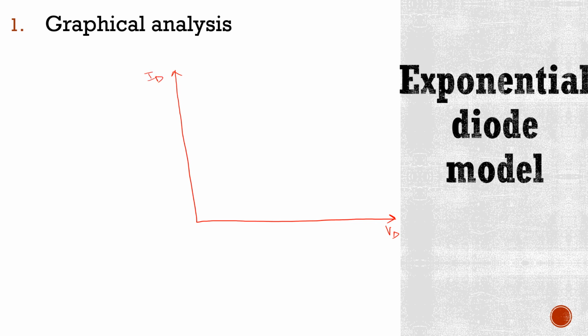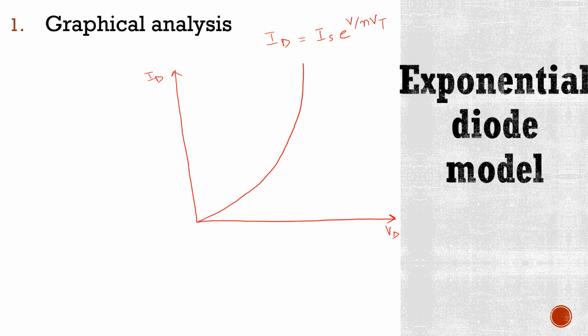It means diode voltage is on the x-axis and diode current is on the y-axis. We know that the first equation of diode current is Id is equal to Is e raised to the power v divided by n Vt. Now how are you going to draw this relation on this IV plane? It is drawn something like this.